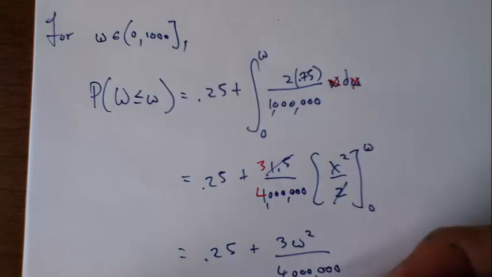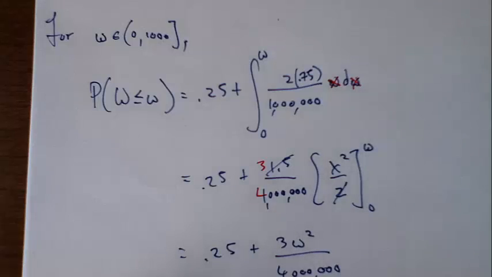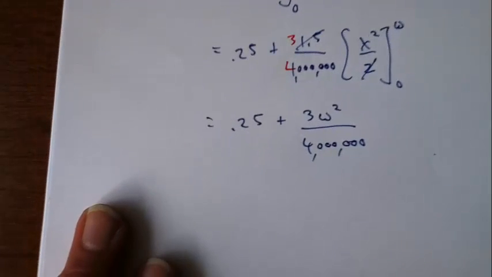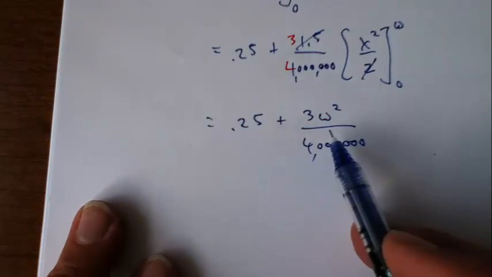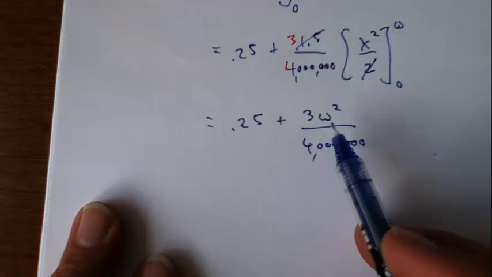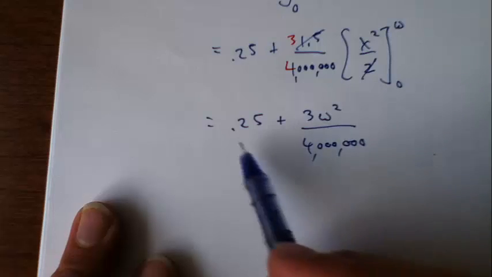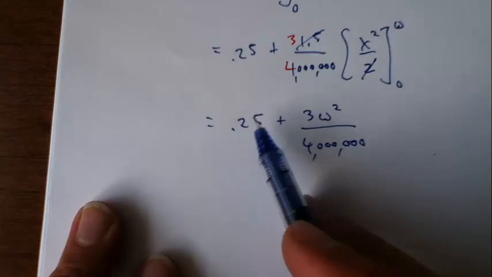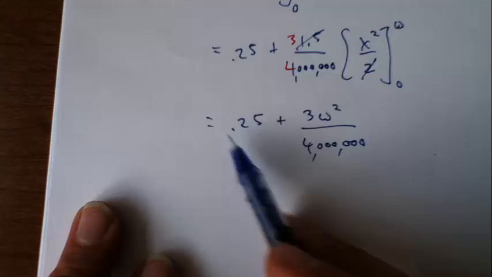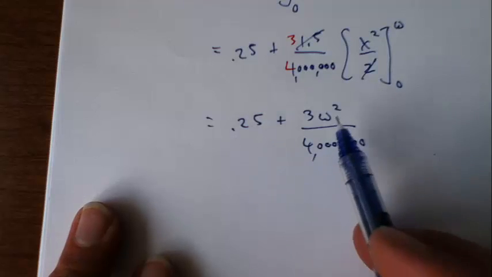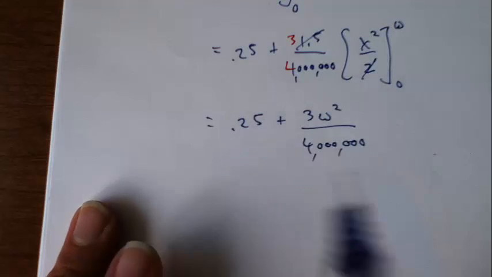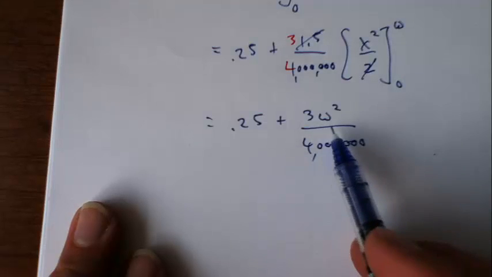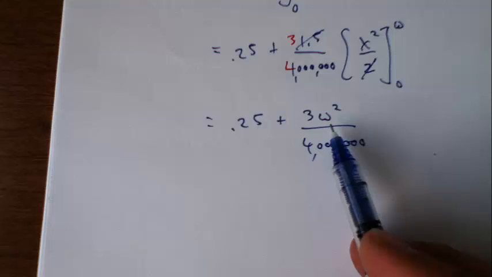Note that things seem to check out. If I put in a 0 for w here, then all this is 0 and I get a quarter, so the chance that the amount of water is less than or equal to 0 is still a quarter. Also, the most amount of water I can have is 1,000 gallons.